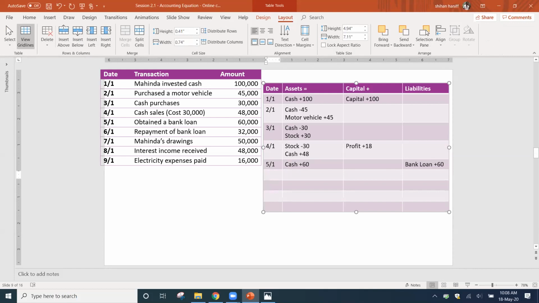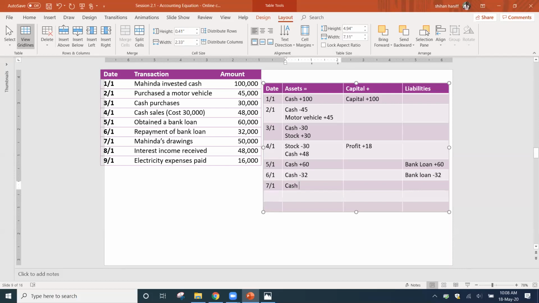When we repay the bank loan, it is the reversal of the bank loan received: 32,000 cash minus, we are giving cash, and the bank loan liability will reduce by 32. 7th January, Mahinda's owner's drawings.